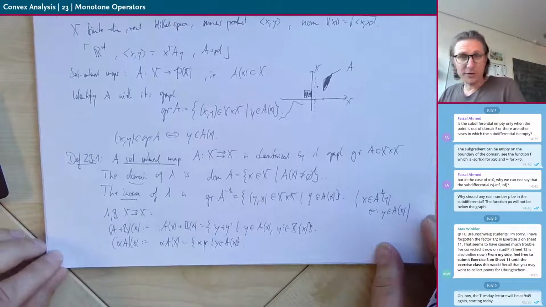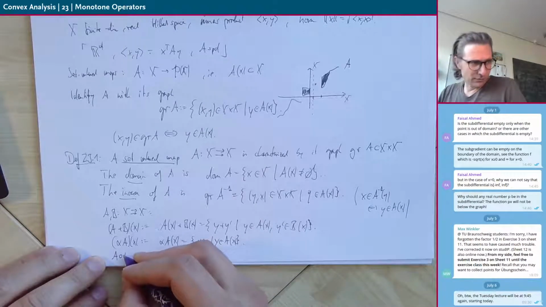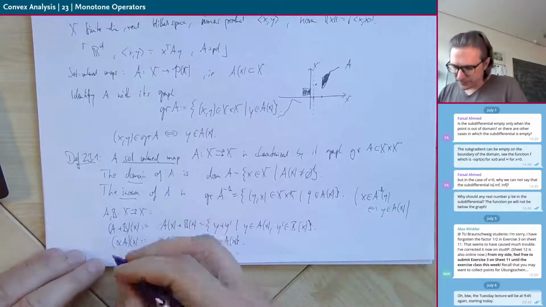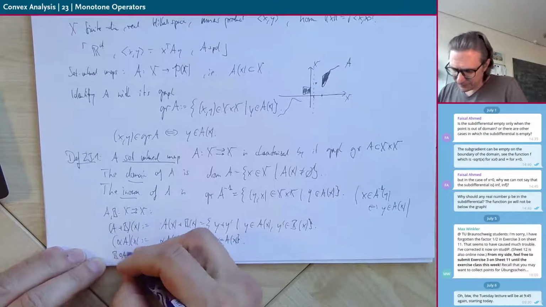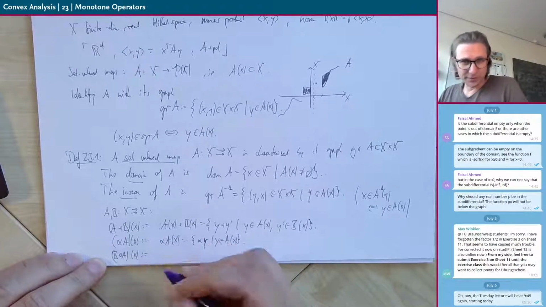And we can also compose set-valued maps. So B after A. I find this kind of difficult to imagine, but what one should do is pretty simple.